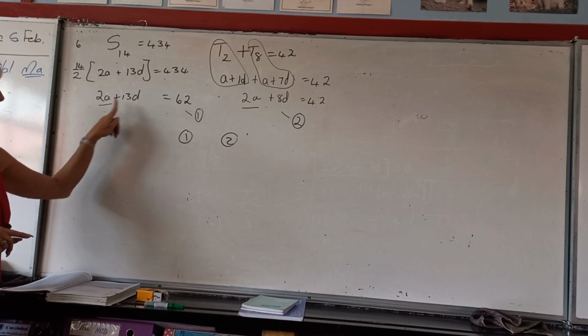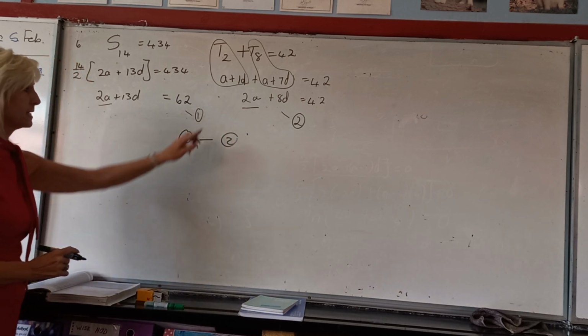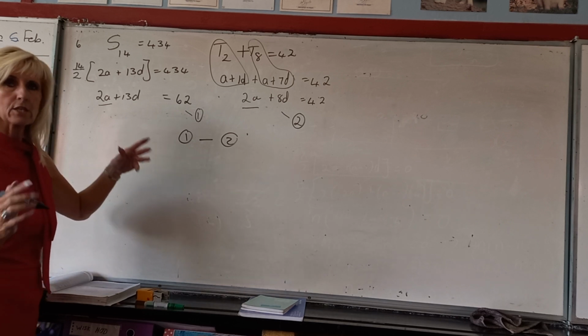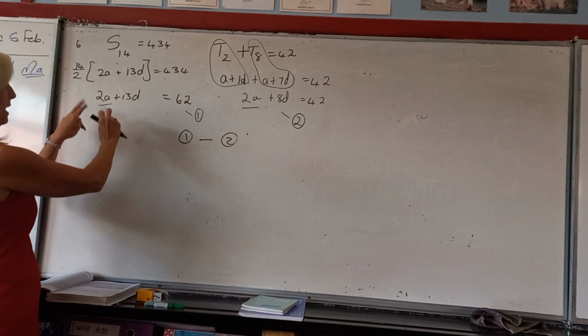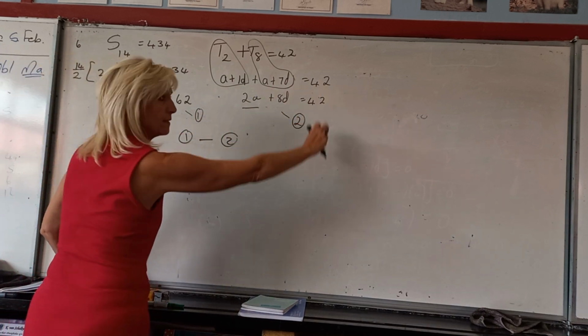How will I eliminate the 2a and the 2a? I have to subtract them. If this had been minus 2a, you would have added them. Then it would have been eliminated. Also, it has to be the a, then the d, then the equal, then the number.